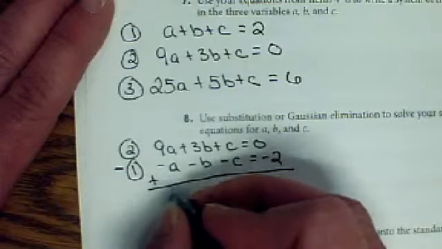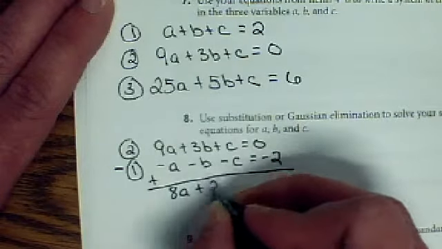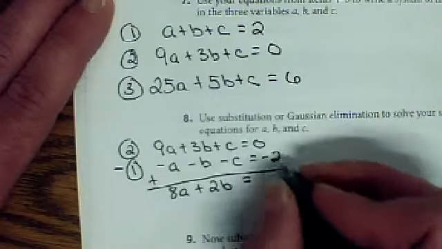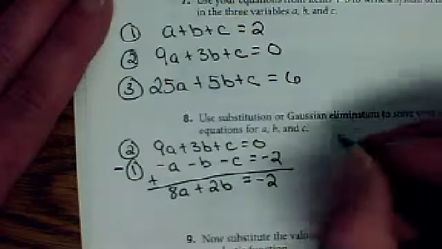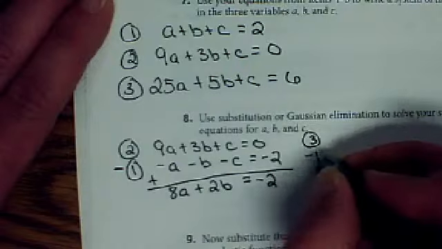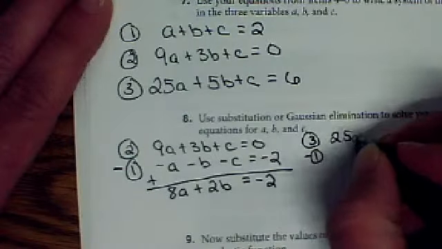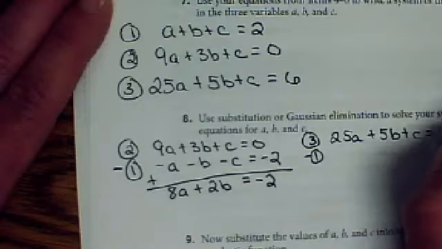9a and a negative a is going to give me 8a. 3b and a negative b is going to be 2b. The c's got eliminated. 0 and a negative 2 is going to be negative 2. Let's do the same thing but with equation 3 and then the opposite of equation 1. 25a plus 5b plus c equals 6.